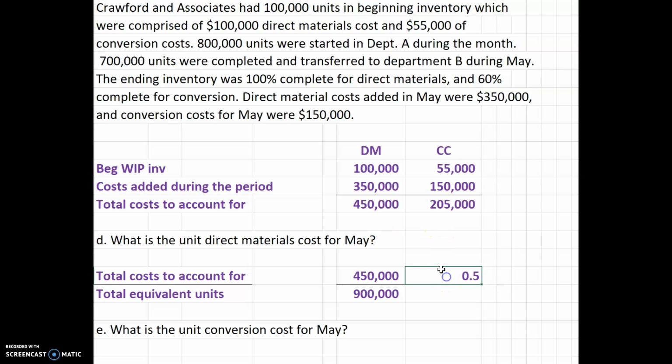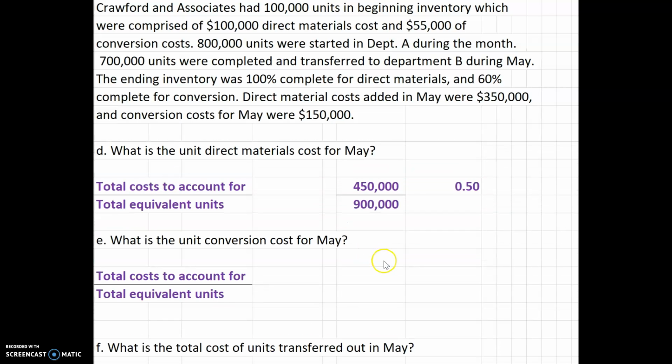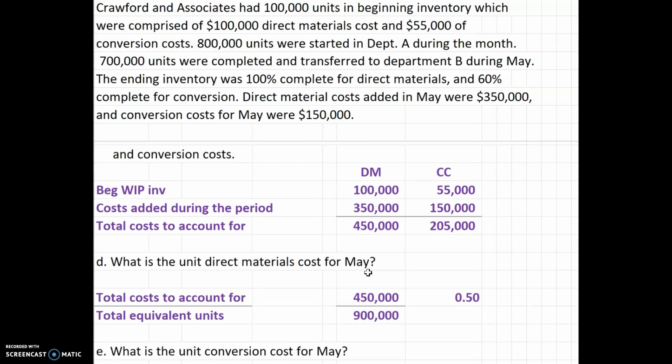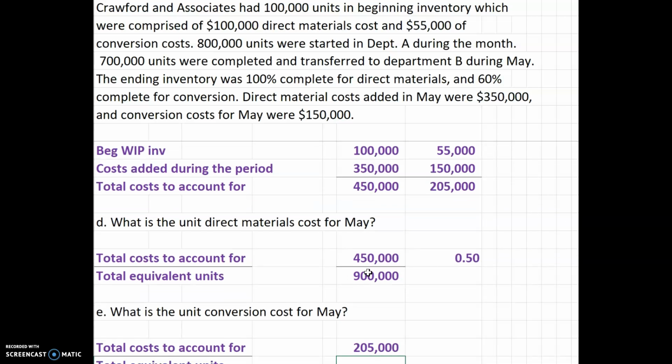So 50 cents is our cost per equivalent unit for direct materials. We want to do the same thing for conversion costs. So the total cost to account for conversion costs, we said was 205.